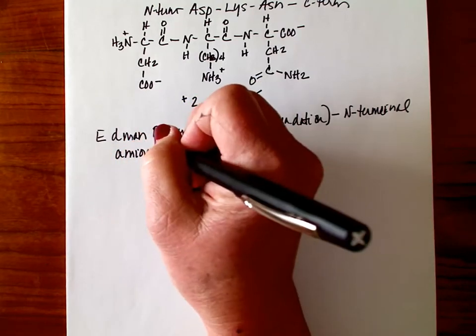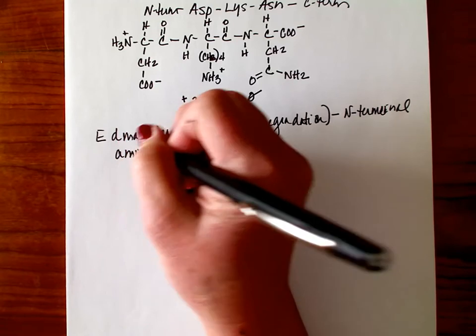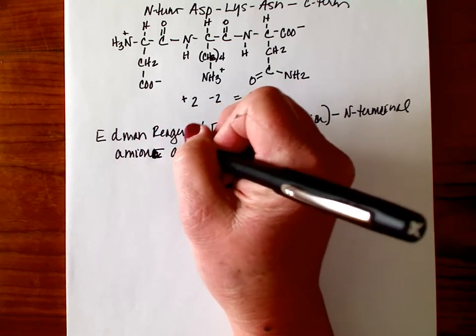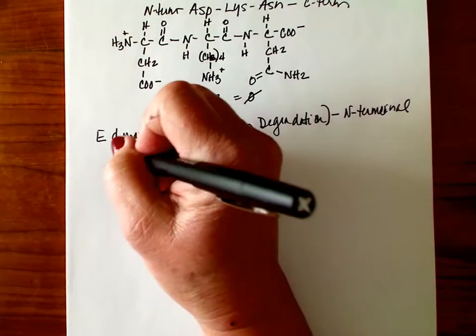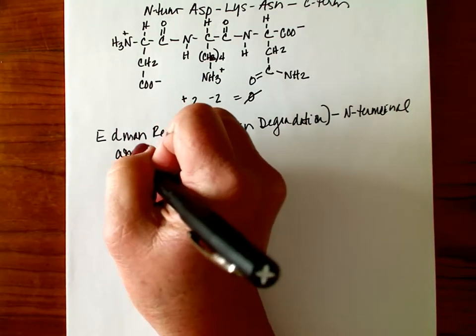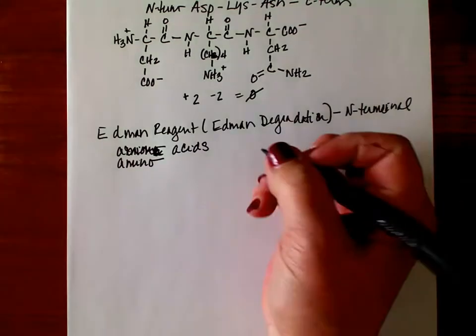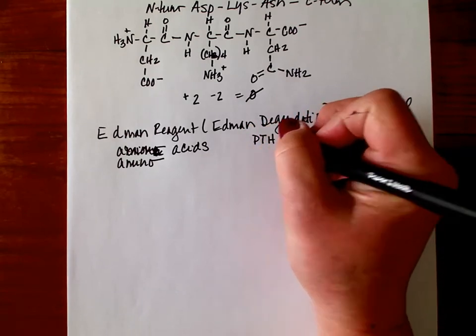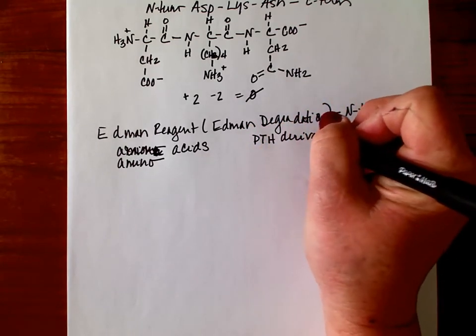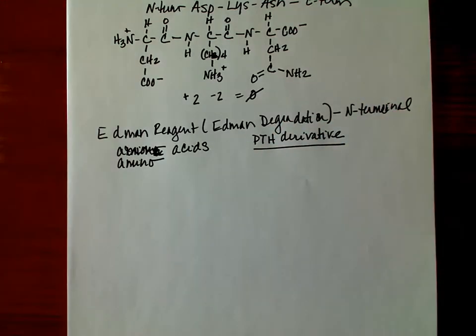Okay, so this reagent is going to combine with a free amino group that occurs at the N-terminus of a protein. And then that residue can be excised from the polypeptide chain and isolated as a PTH derivative. Then that can be analyzed and the amino acid can be identified.